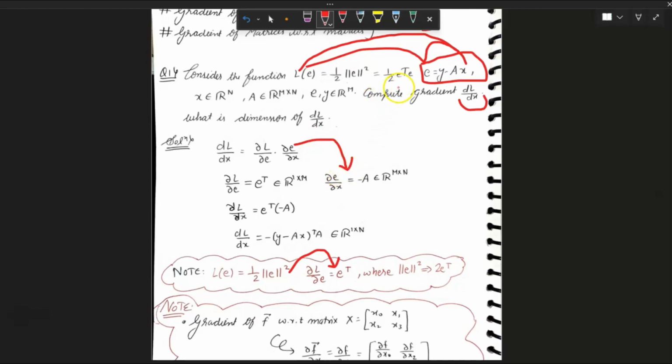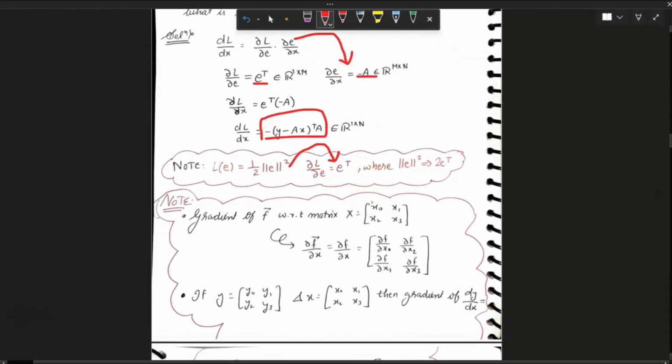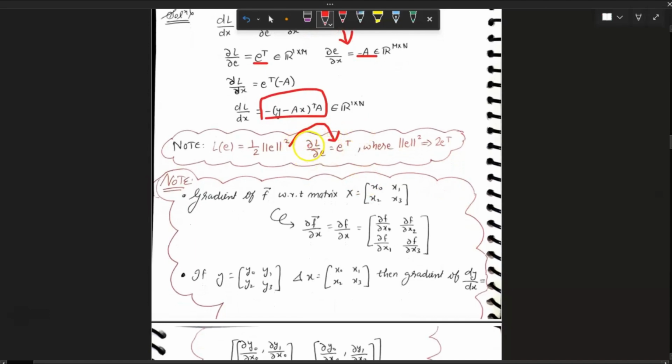Differentiation of e partially with respect to x is here minus A, because here is no x term, so it will become 0 minus A into 1, so minus A. You need to multiply this and this. So e raised power T minus A. Now e can be written as y minus Ax. So minus (y minus Ax) raised power T into A. So this will be the answer of the question. Okay. So simple only. You just remember this concept. What is the differentiation of half e square?